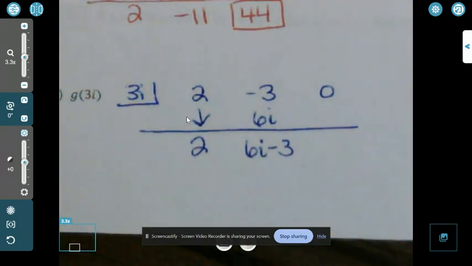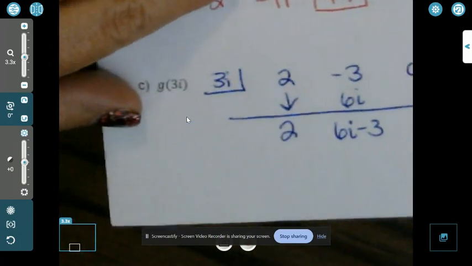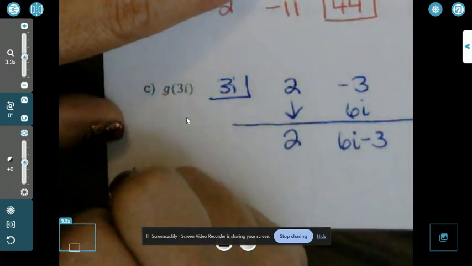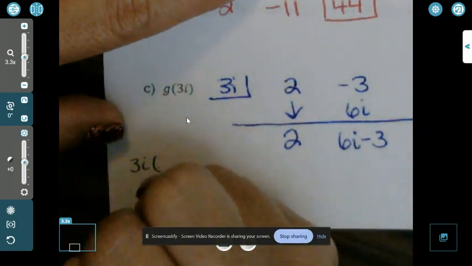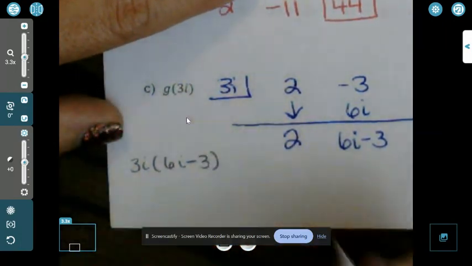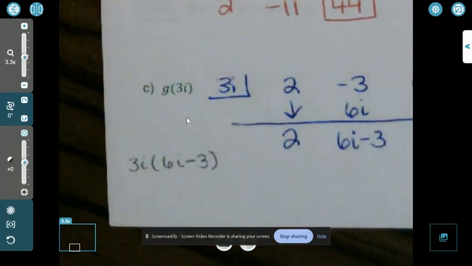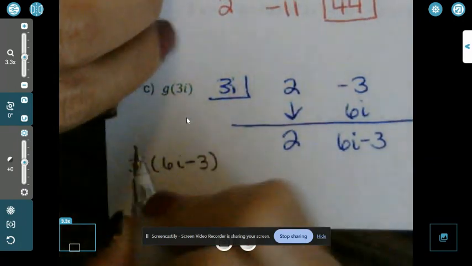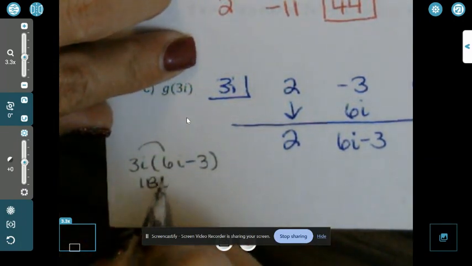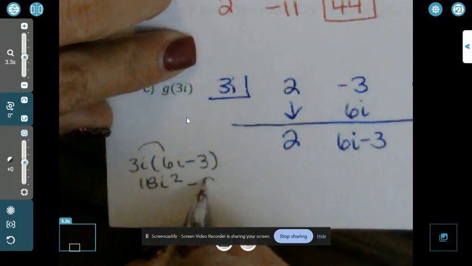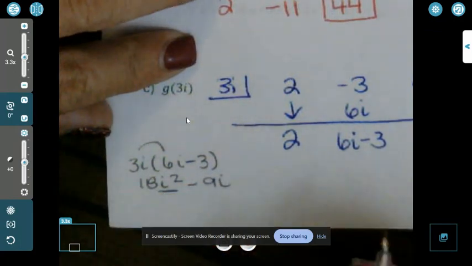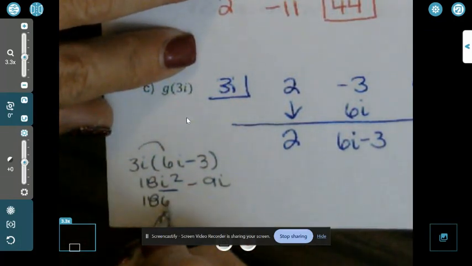I'm going to go over here real quick and just work that out so you can see what that's going to be. So we're doing 3i times 6i minus 3. If I do 3i times 6i, that gives me 18i squared minus 9i. And we remember that i squared is the same thing as -1.